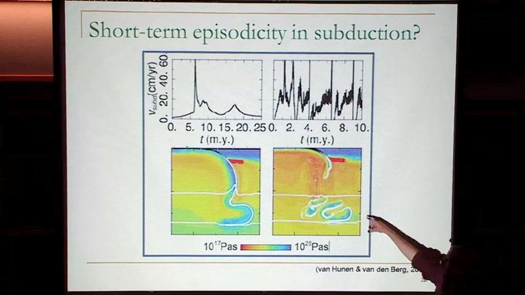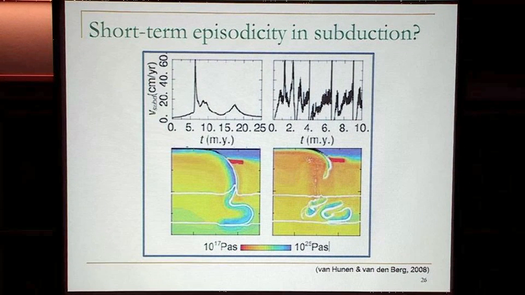But there isn't a sharp jump in viscosity at these layers. No, there isn't. It's just a phase transition, but probably the Clapeyron slope I took was something like minus 2.5 or 3 megapascal per Kelvin, so that might have been a bit on the high side.